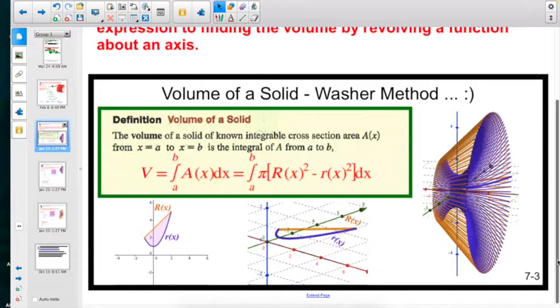So when we take this and revolve it around the x-axis, we're going to have this area where we have that hole through the center. So really we have something that looks like that on the bottom as well.